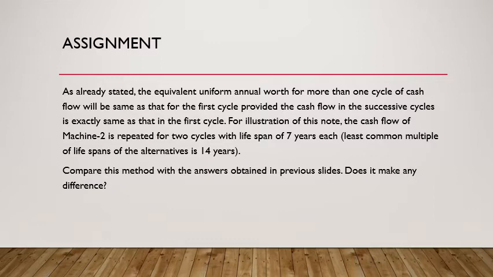That is, I leave it as an assignment to you. Sometimes they may ask you to solve it using the common multiple method. Then you have to use the common multiple method, or else it is not mandatory to use the common multiple method or repeated projects method when solving the problems of unequal lives in annual worth comparison of alternatives.